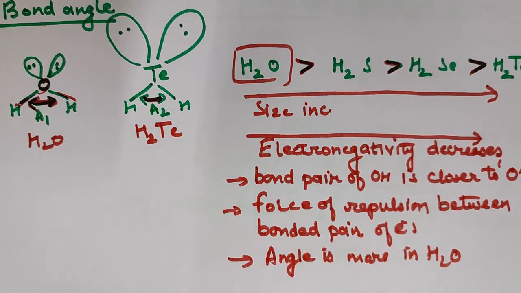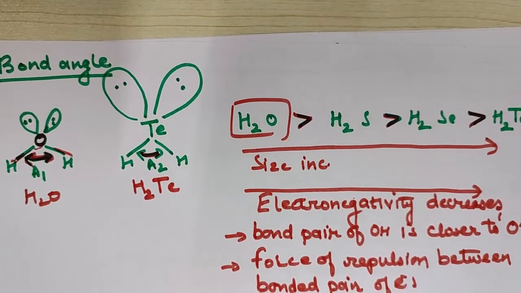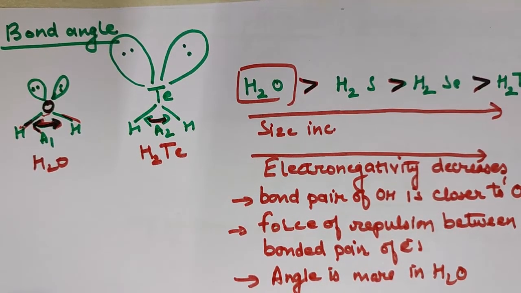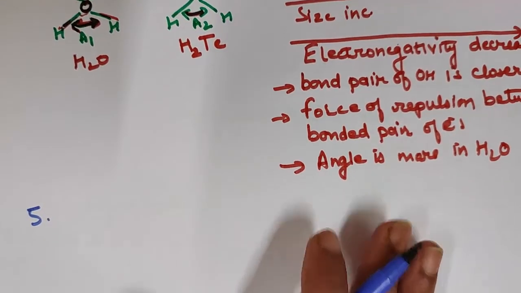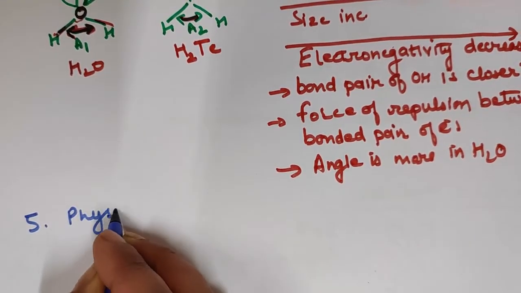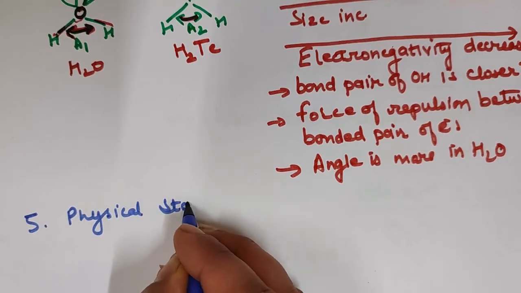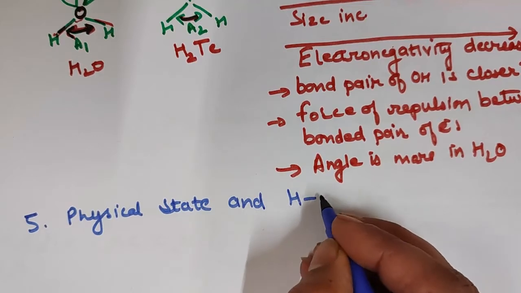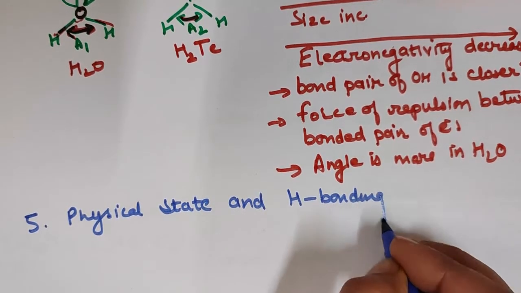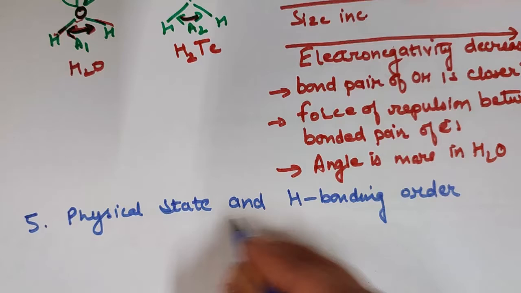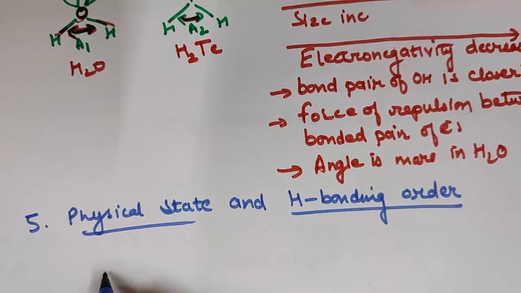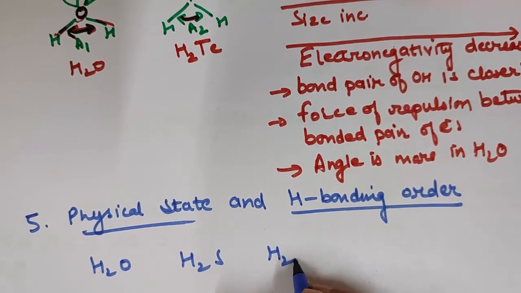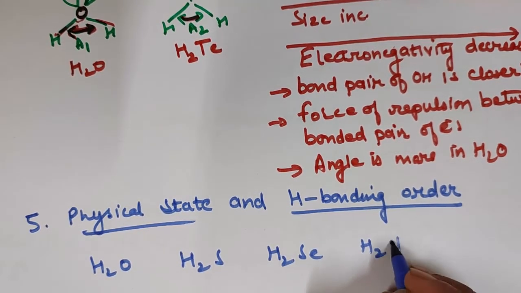The second property which we will discuss here is physical state and hydrogen bonding order. Just look at water, H2O, and all the hydrides, H2S, H2Se and H2Te.